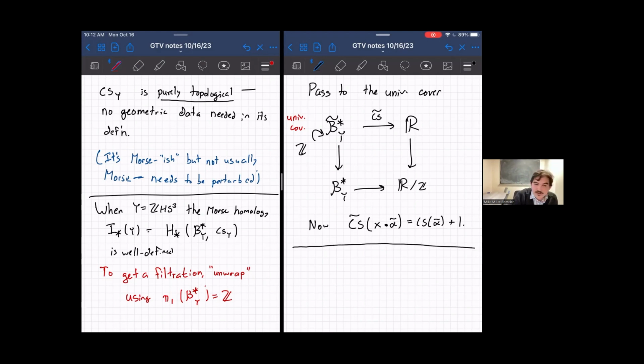Now, we can actually try and run this filtered Morse homology strategy on this thing. We get groups arising as the filtered Morse homology of this universal cover with respect to the lifted Chern-Simons functional.